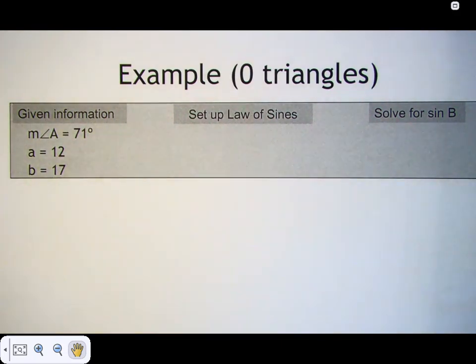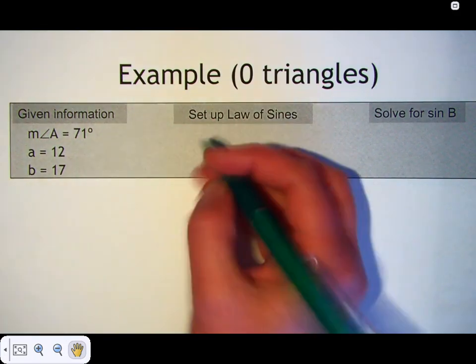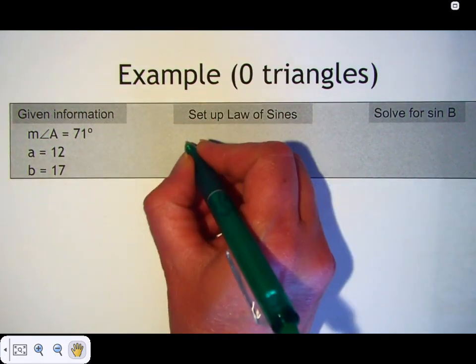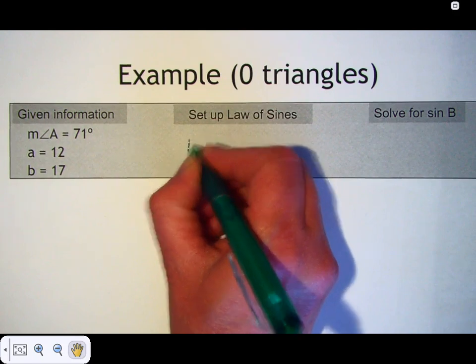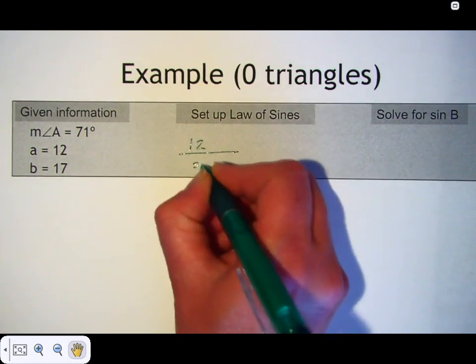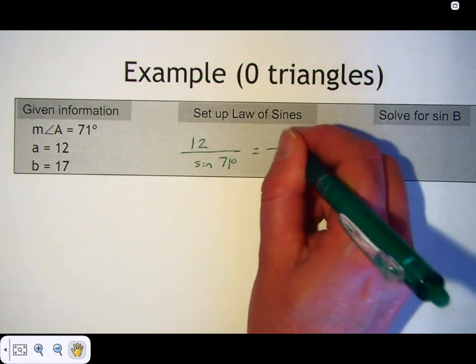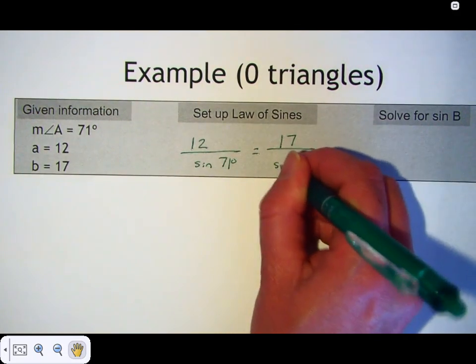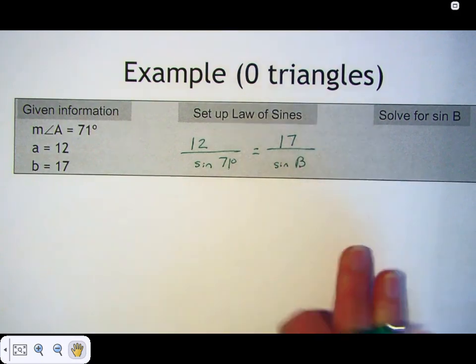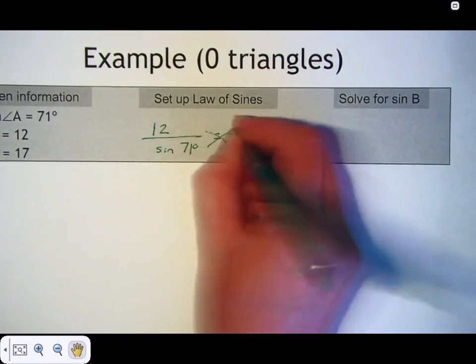Okay, you start this the same way. I still have side-side angle. Okay, so set up the law of sines. So we're going to do 12 over the sine of what? Equals 17 over the sine of what? Perfect. We're going to cross multiply.